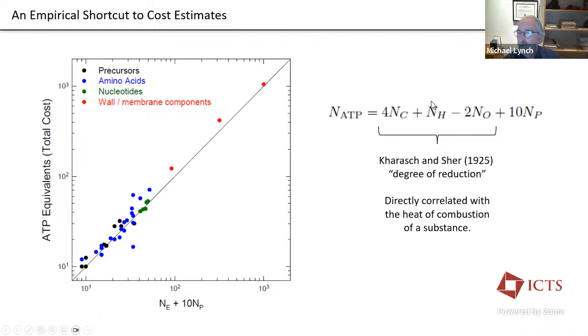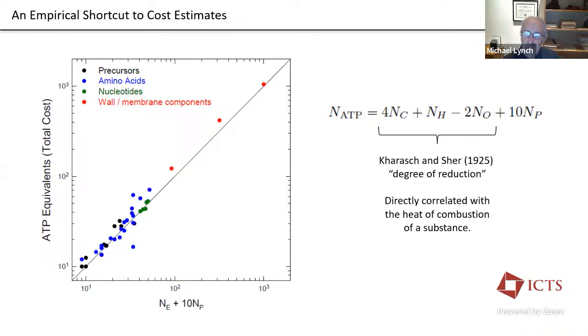So more hydrogen, you're a more reduced compound, and more oxygen, you're more oxidized, and you can squeeze less energy out of it. But they pointed out that this simple counting mechanism is a very accurate measure of the heat of combustion of a substance.